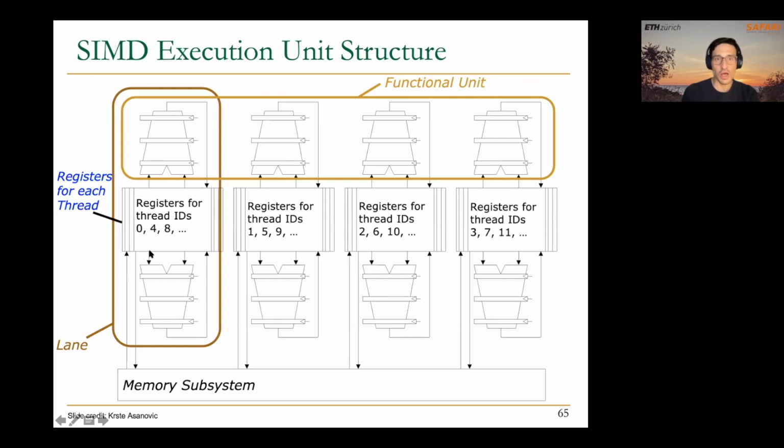We will also have a certain number of registers assigned to the threads that execute in these execution units. All these execution units that have access to the same registers, and the registers themselves assigned to each thread, is what we call a lane.